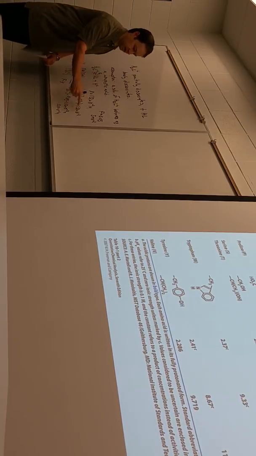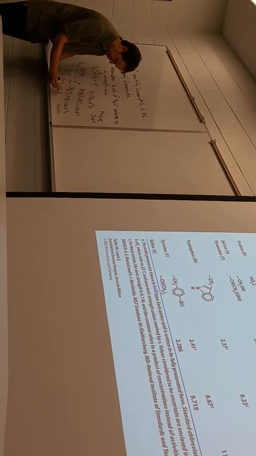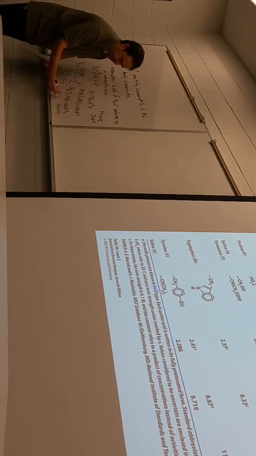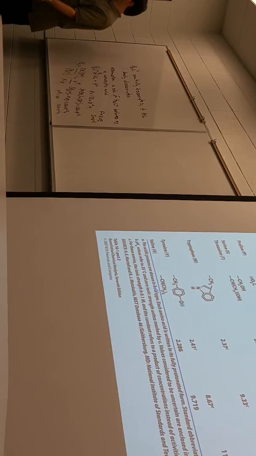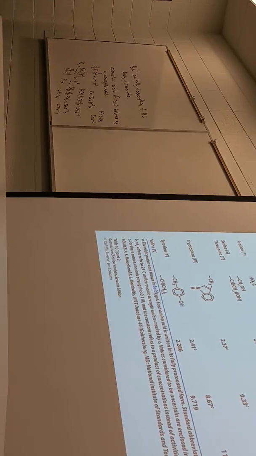And then minus the log of that would give you a pH of about 1.88. The reason it is a fairly acidic solution is that the Ka value is kind of big. It's 4.7 times 10 to the minus third. So it's not a strong acid, but it's not super weak either.